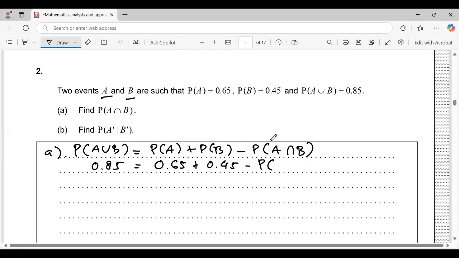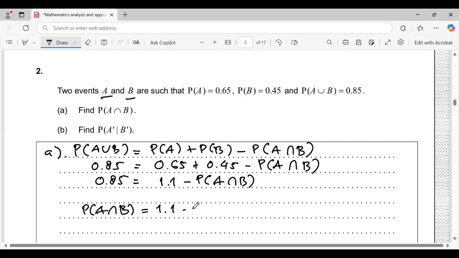We are going to find probability A intersection B. This is 1.1 minus probability A intersection B, or we can write probability A intersection B equals 1.1 minus 0.85. If we calculate, the result is 0.25. That is the probability of A intersection B.